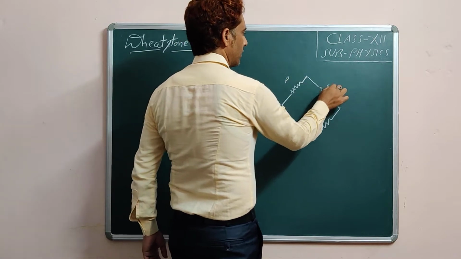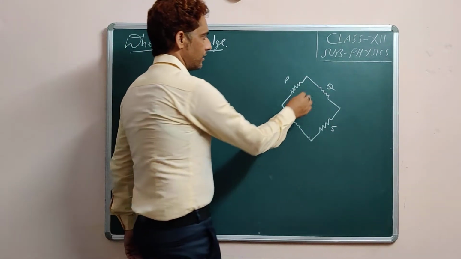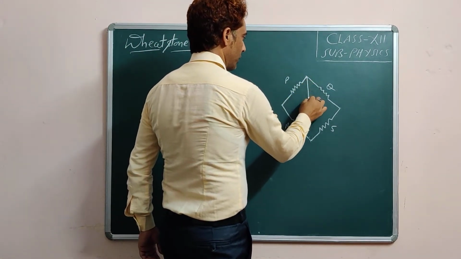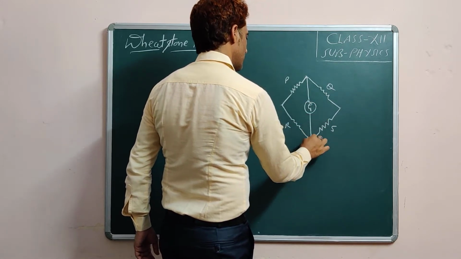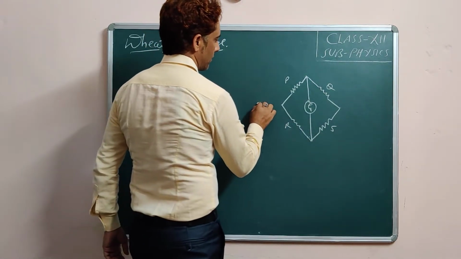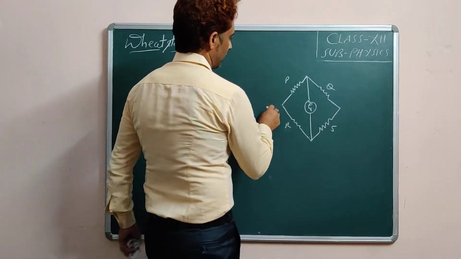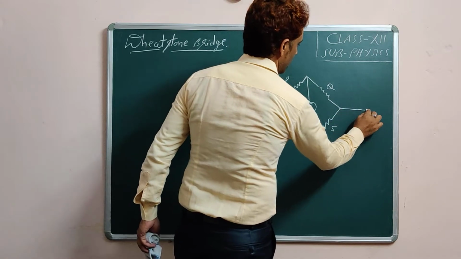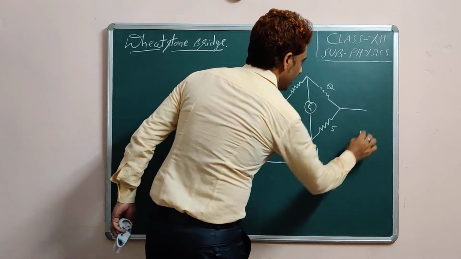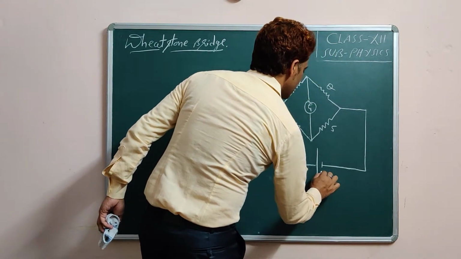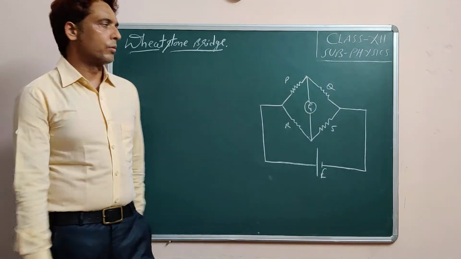Let them be P, Q, R, S, and here a galvanometer is attached. The whole circuit is connected to a source of EMF E. So this is the circuit diagram for this Wheatstone bridge.